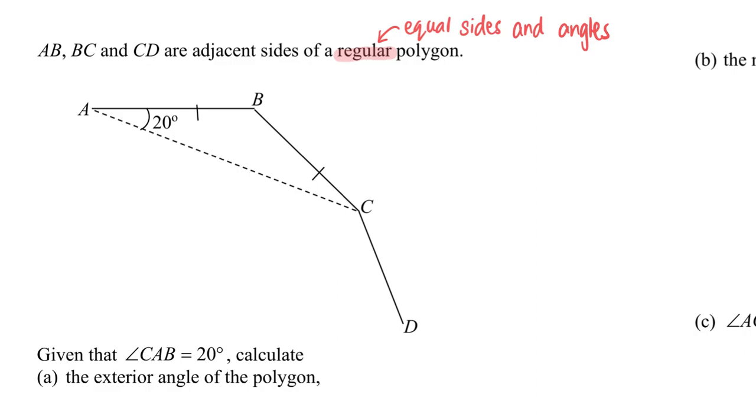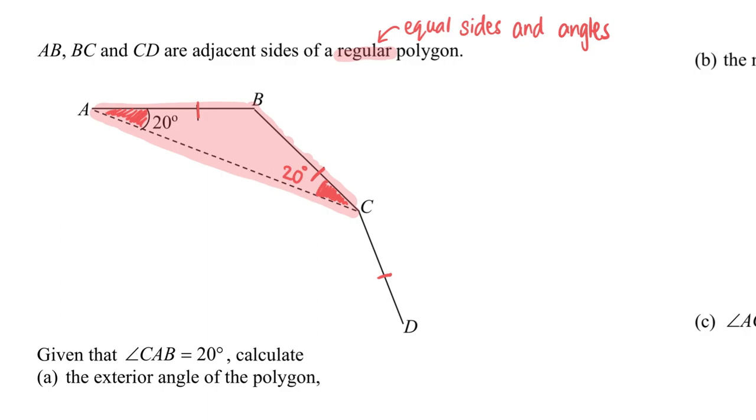Okay, so this means that AB, BC, CD are all equal sides, and what is the name of this triangle? Yes, this is what we call an isosceles triangle. So the base angles are equal.